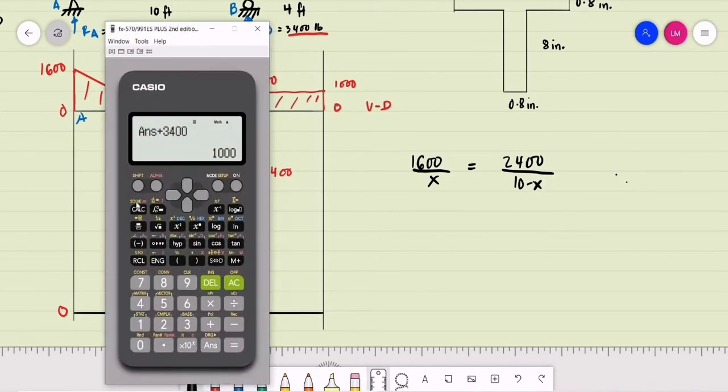Computing for the value of x, we have 1,600 is to x equal to 2,400 is to 10 feet minus x.